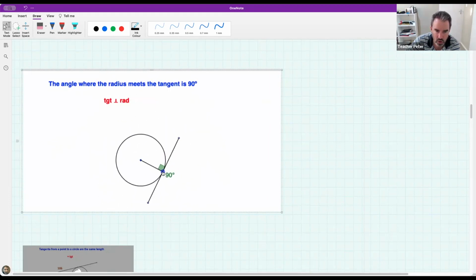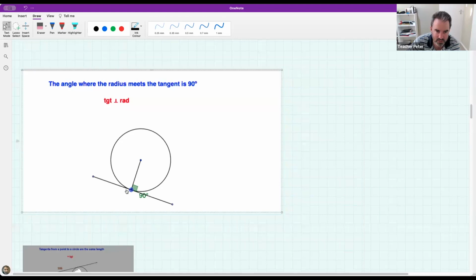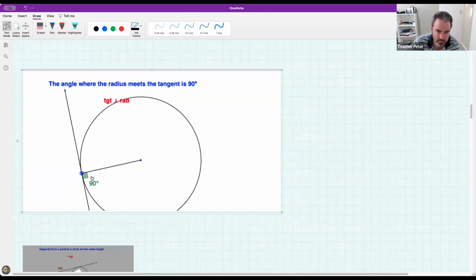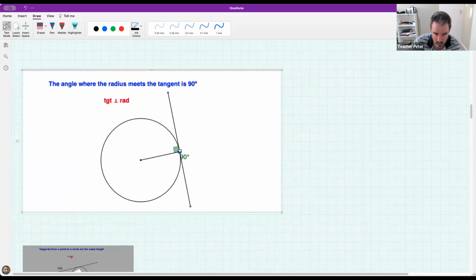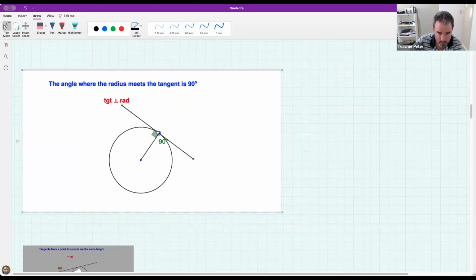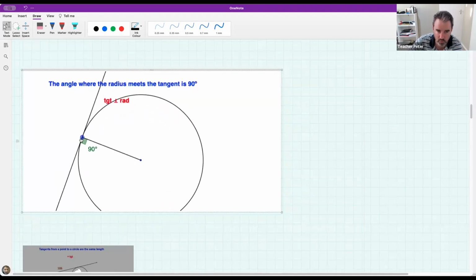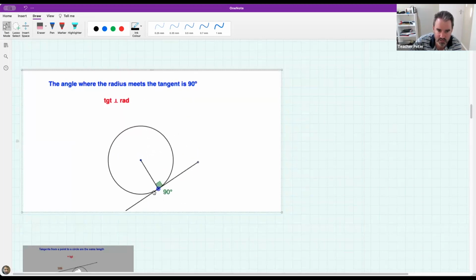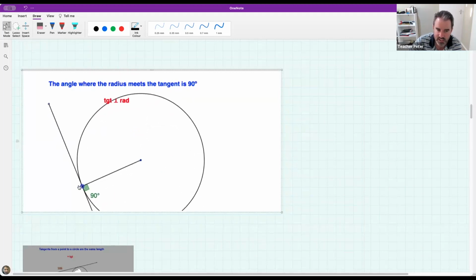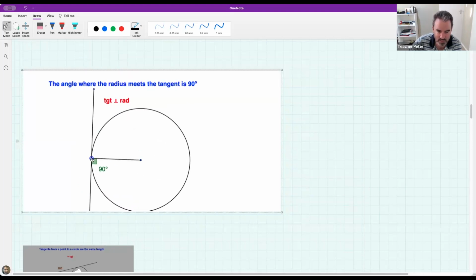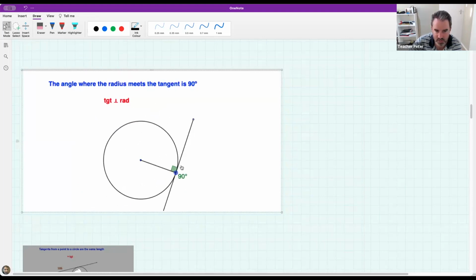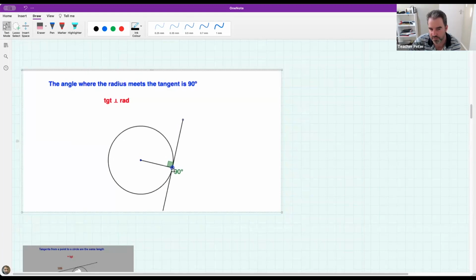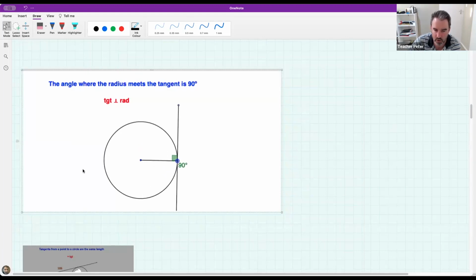What do you notice about the angle between the radius and the tangent? It stays the same. Yep, it stays the same. So we can use this as a fact or theorem to help us on the journey.